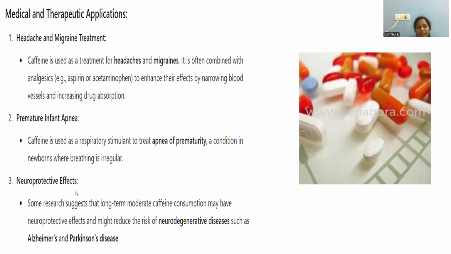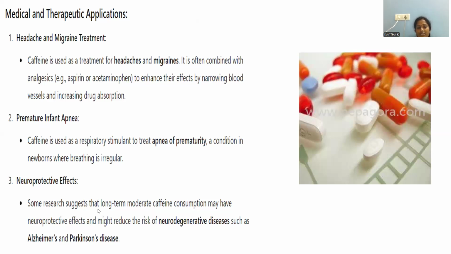And neuroprotective effects. We are already aware that caffeine is a stimulant, so it directly works upon the nervous system, and neuroprotective properties are obvious for caffeine, so that our nervous system will be healthy whenever caffeine is consumed in the requisite quantity.